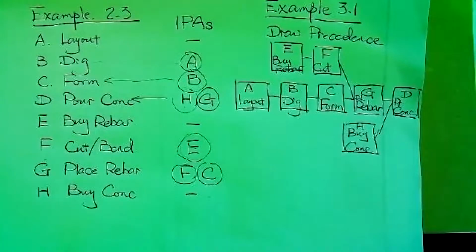Now, for the last 10 minutes, I want you to try this. Draw a diagram over here. I didn't post the answer for that. I want you to really try this one, and I will show you my answer.